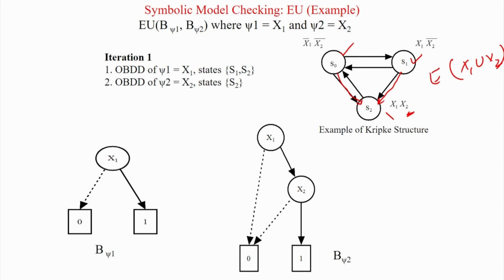Along with that, in this case S 0 and S 1 qualify, but along with this condition we cannot take both S 0 and S 1 right away, even though both have a path where x 2 is true in the next state. We have to ampersand it with the case where x 1 is true in the state. So, from pre of S 2 we are directly going to get states S 0 and S 1.